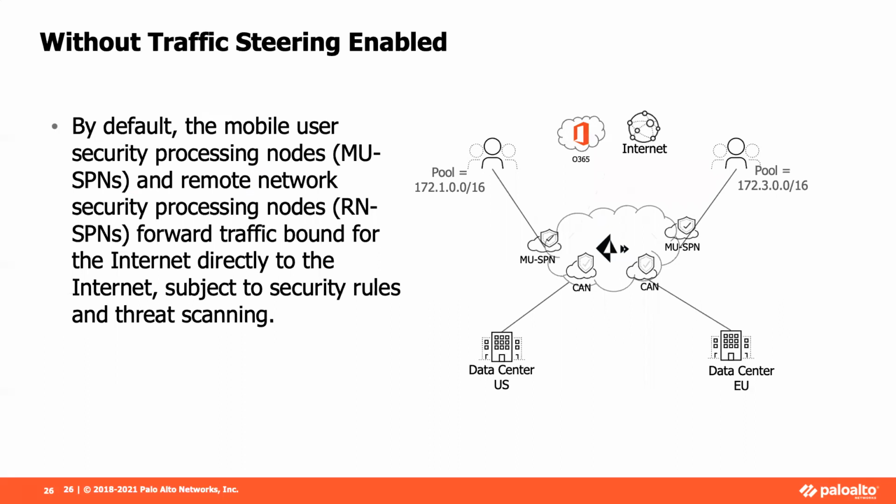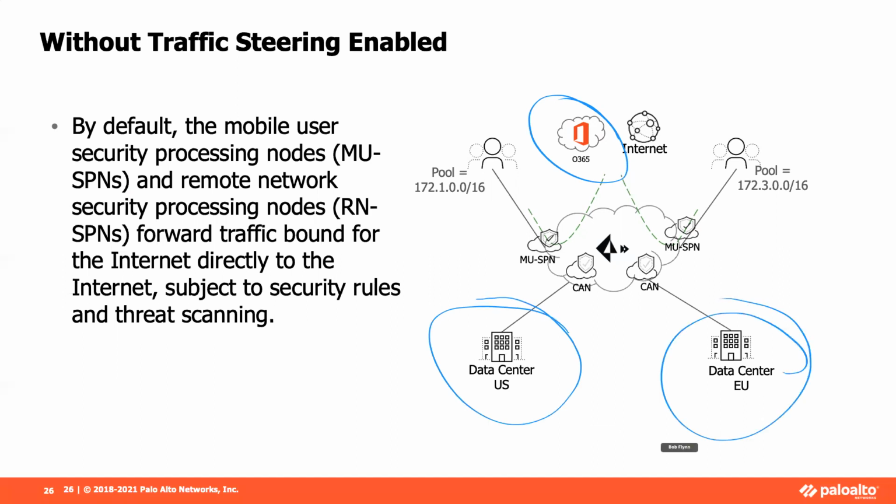Maybe for my users that are going to Office 365 and stuff like that, that's fine. Like my SaaS applications, that's cool. But for whatever reason, I want other traffic to hit a data center instead. So I want them to go in this direction, and then from the data center out to the internet.